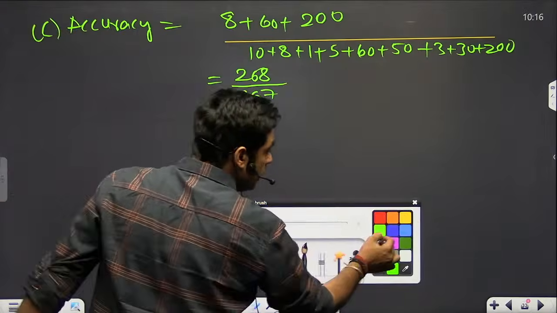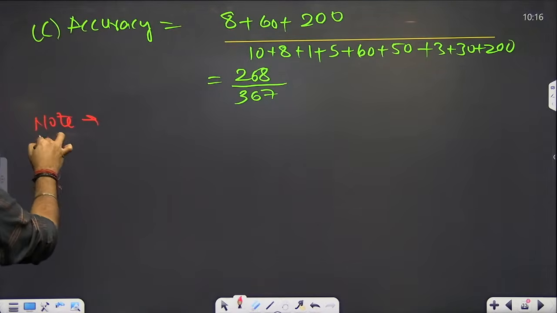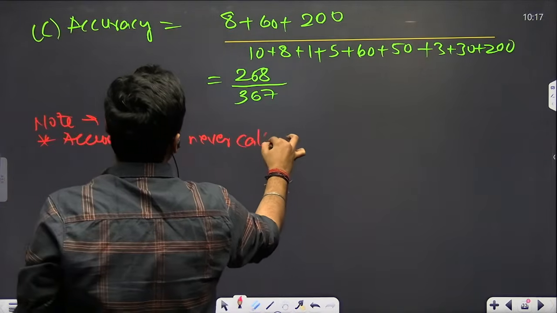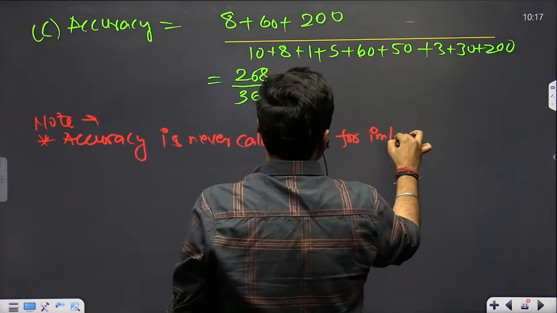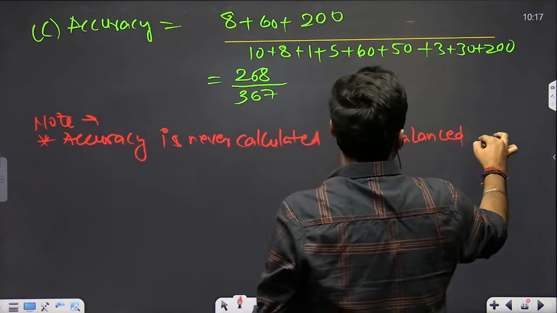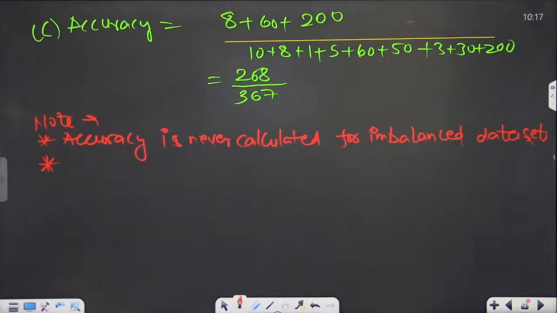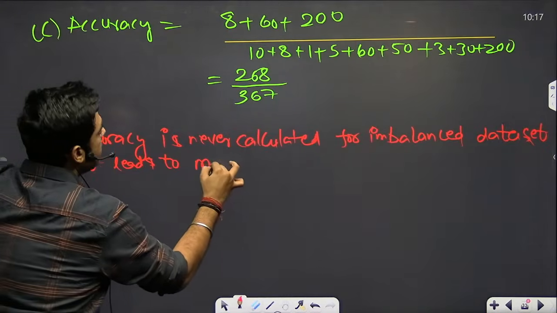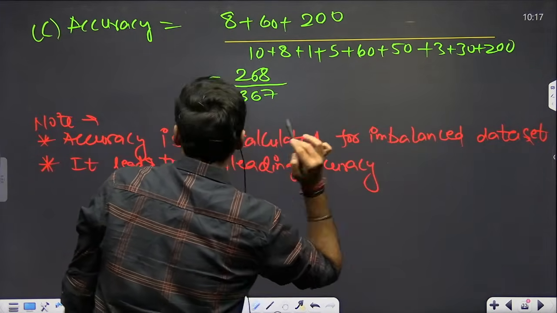And guys, a very important note, just note it down: accuracy is never calculated for an imbalanced data set, because it leads to misleading accuracies.